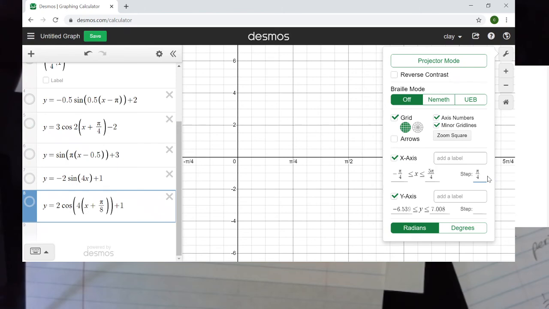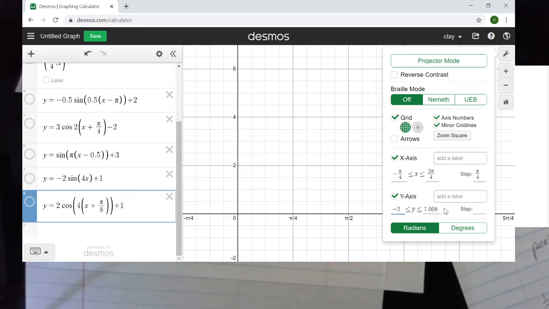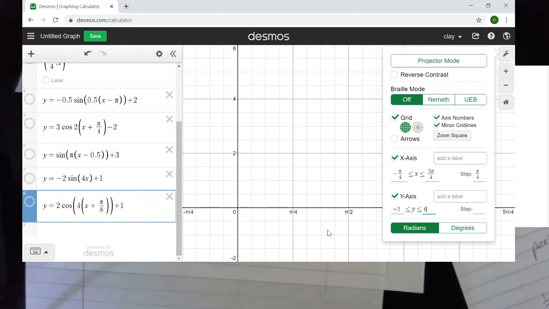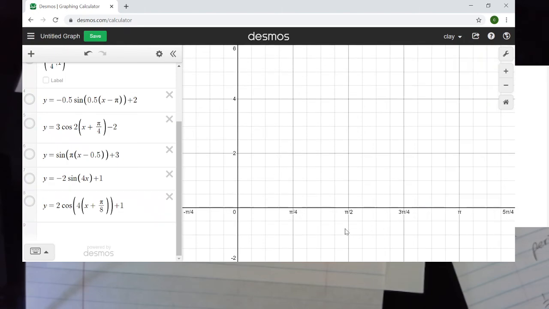Now that's the same grid size as the screen, and in the y direction we go from -2 to 6, and there we go. Now the screen here is exactly the same as the screen for the picture they gave us.